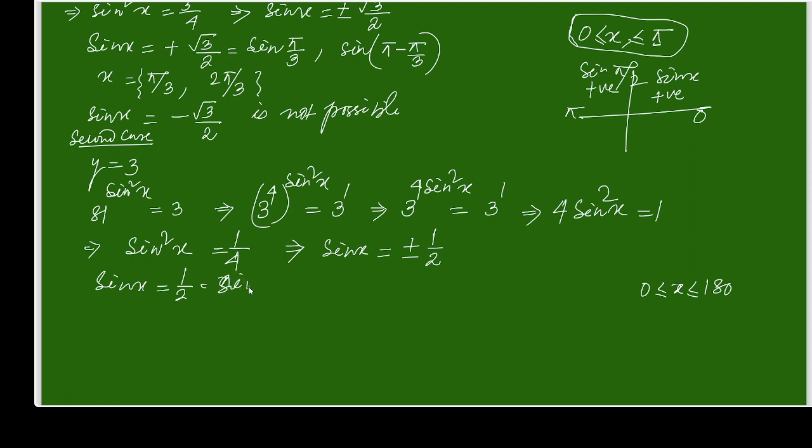Sine pi by 6. Next is sine pi minus pi by 6. So one value is pi by 6, other is pi minus pi by 6, which is 5 pi by 6.